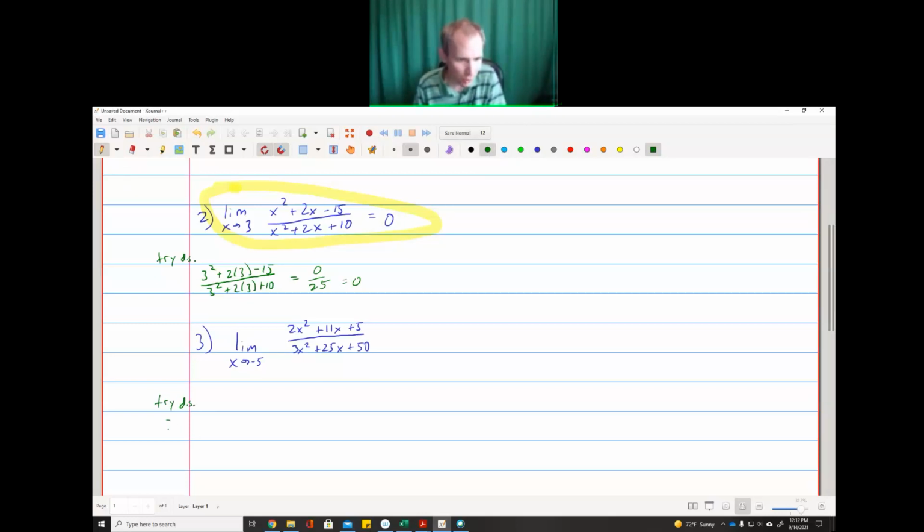Okay, so we have 2 times negative 5 squared plus 11 times negative 5 plus 5 in the numerator. And we have 3 times negative 5 squared plus 25 times negative 5 plus 50. Okay, these are big messy numbers, so I'm going to make sure to use my calculator.